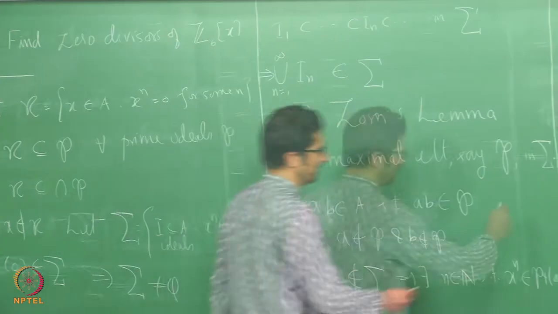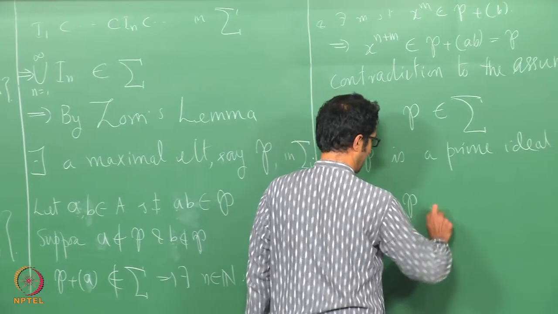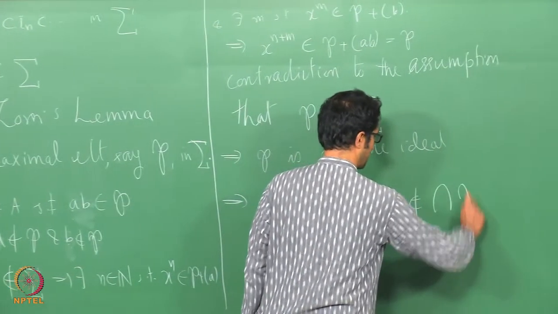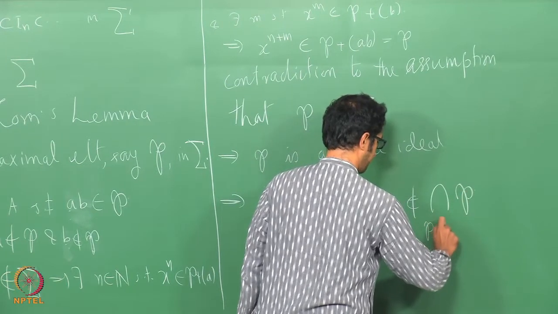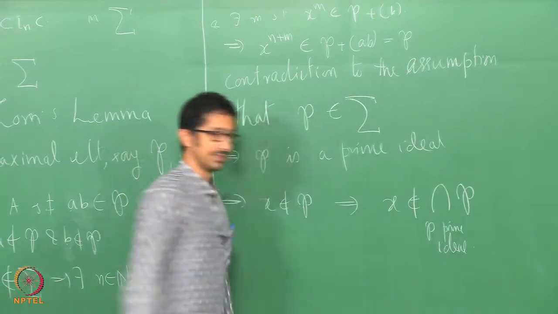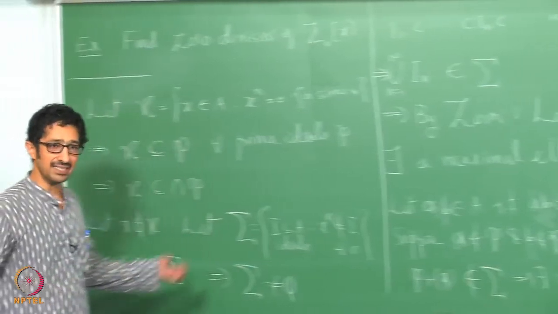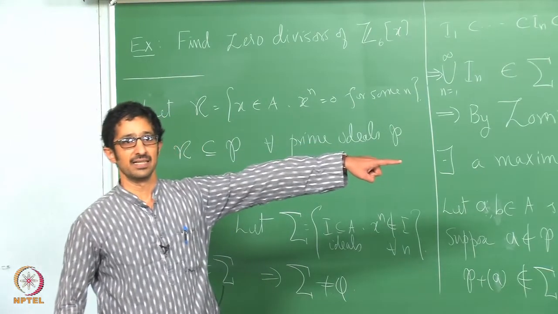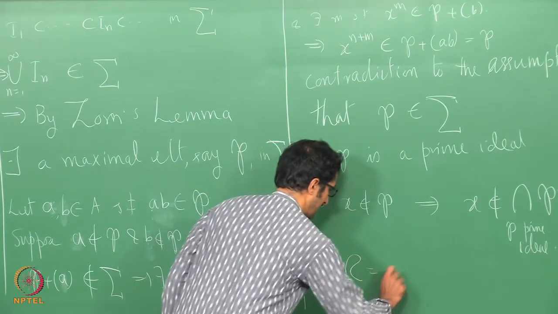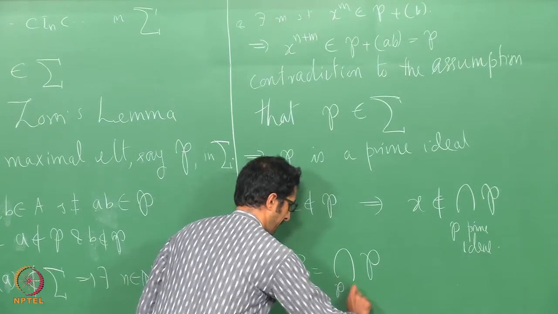Therefore x is not in the intersection of prime ideals. So if x is not nilpotent, then it is not in the intersection of prime ideals. So this implies that the nil radical is indeed the intersection of all prime ideals.